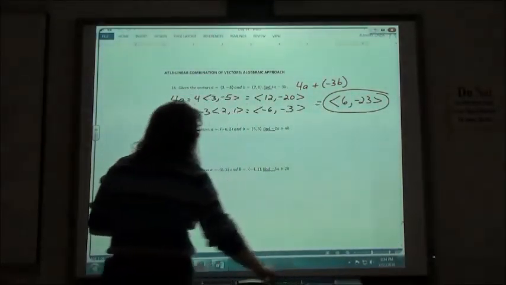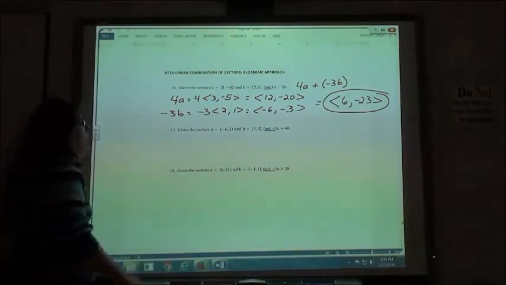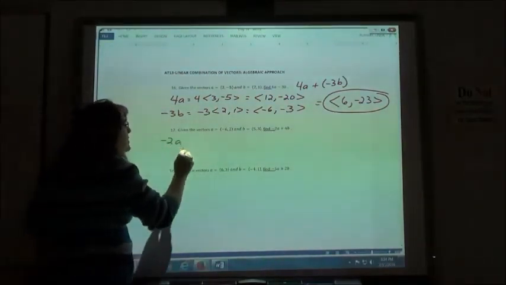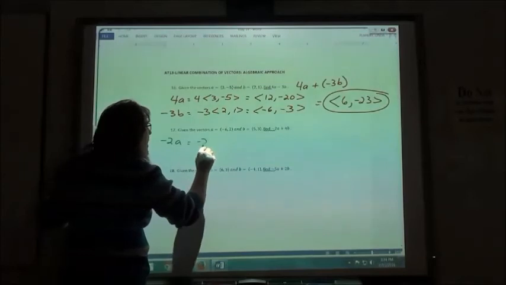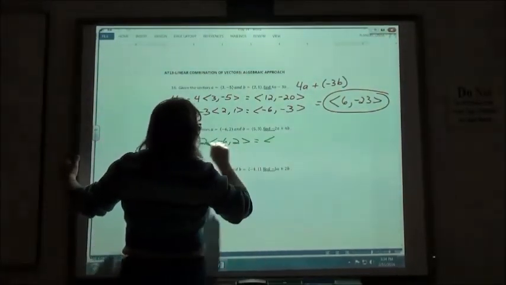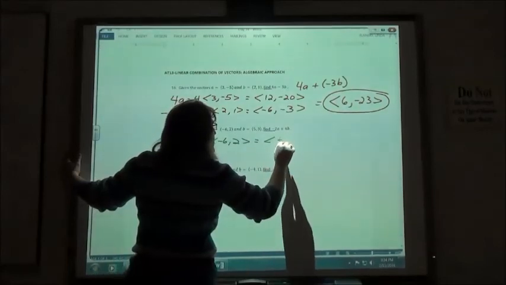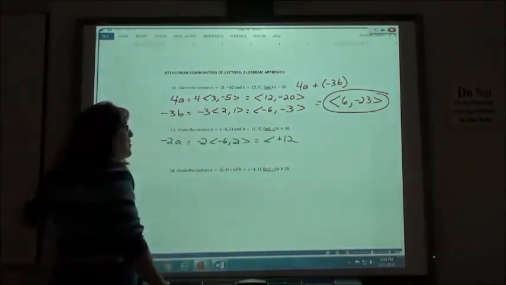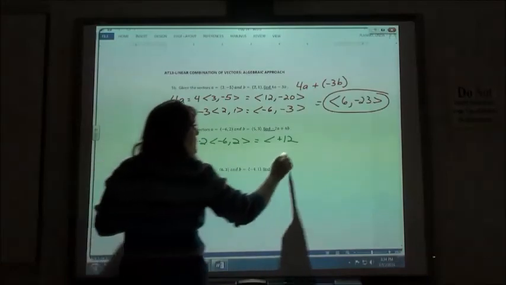The next one, we're going to take negative 2a plus 4b. So negative 2 times the a vector would be negative 2 times negative 6, 2, which gives me positive 12, I'm going to put a plus sign there, positive 12, negative 4.